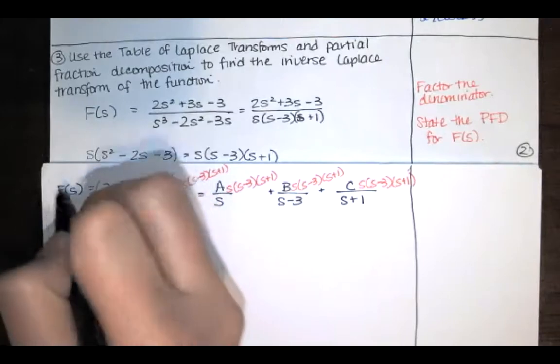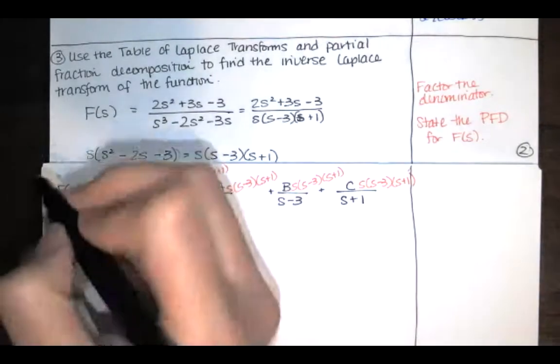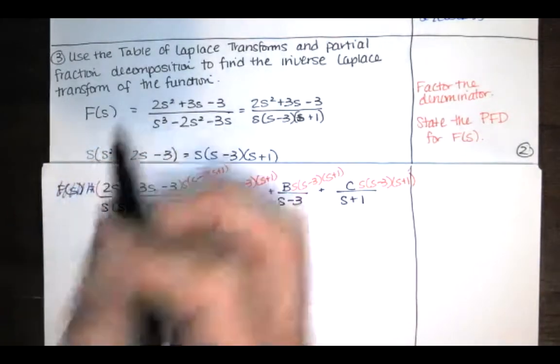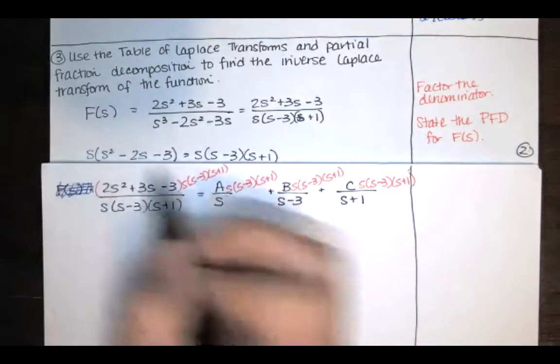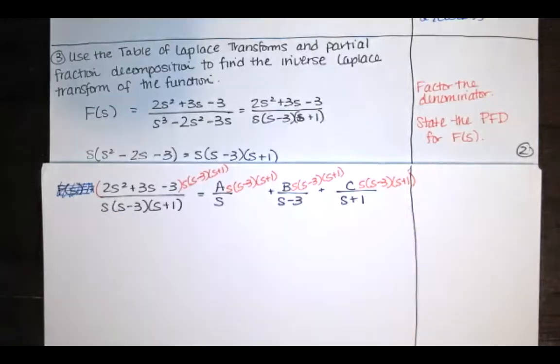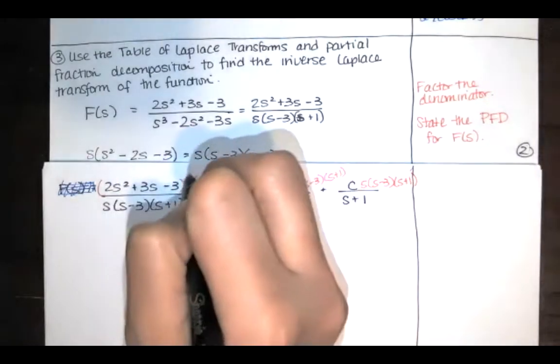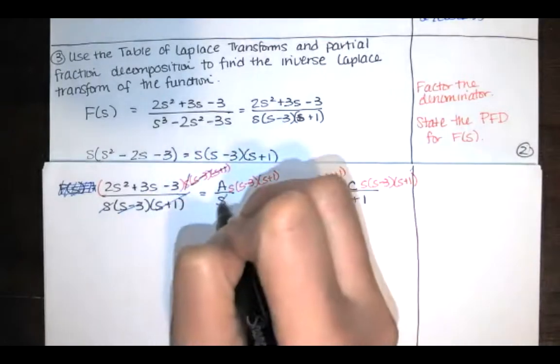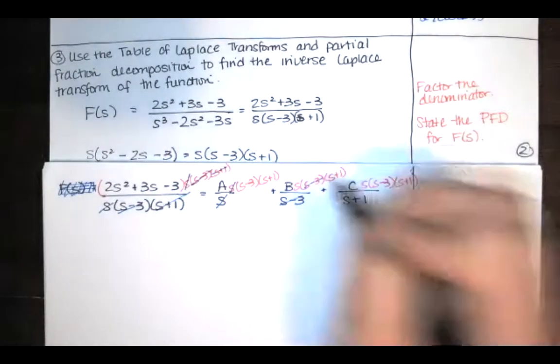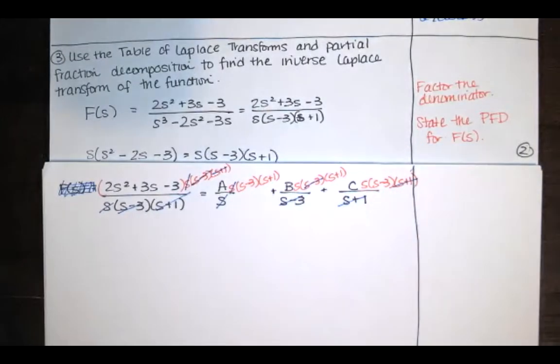These are equal now. So the s's will reduce, the s minus 3's will reduce, and the s plus 1's reduce there. The s's reduce here, the s minus 3's reduce there, and the s plus 1's reduce there.